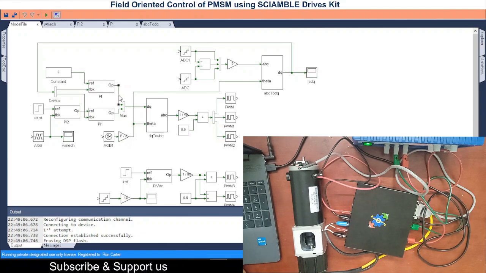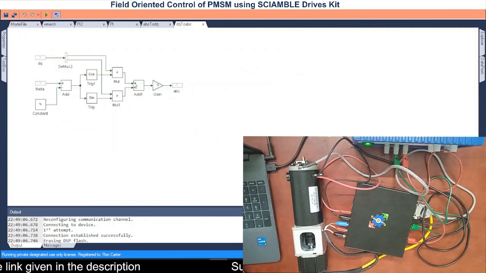Here we have VD and VQ coming, and the VD and VQ will be converted to ABC. This is not based on SVPWM, it is based on PWM, sine PWM. So this is the conversion block used to convert the DQ frame to ABC.